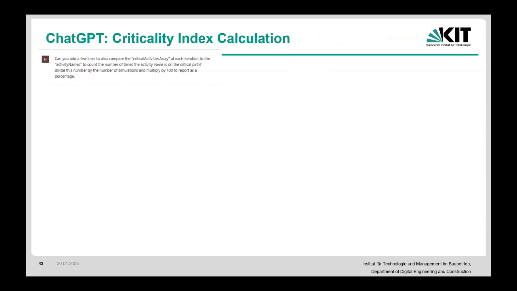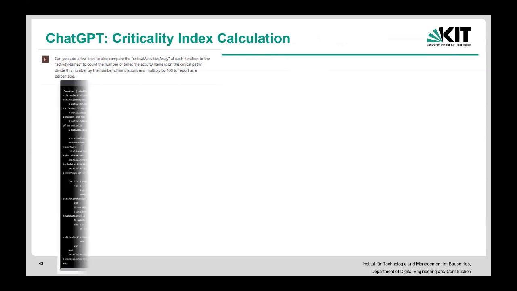Divide this number by the total number of simulations and multiply it by 100. That would be your percentage. So I just communicated with it normally. I didn't communicate with it in an algorithmic way, or how we normally have to do it.